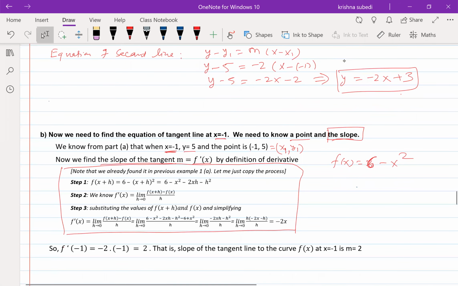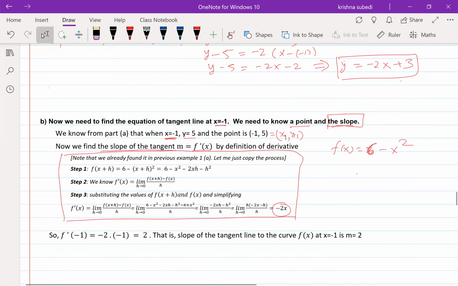So what we got is negative 2x as our derivative for that function. So f prime of x equals negative 2x, and when x equals negative 1, f prime of negative 1 is 2. So the slope of the tangent line m equals 2.